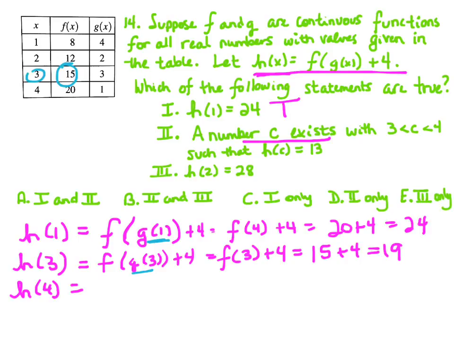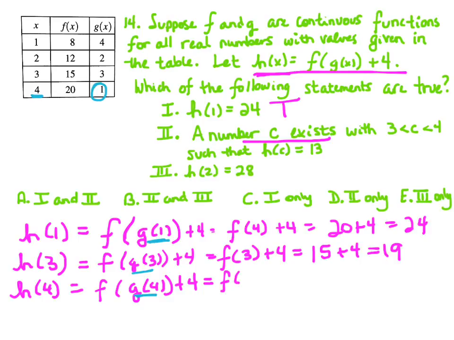All right, now let's do f of 4, I mean, sorry, not f of 4, h of 4. So for h of 4, f of g of 4 plus 4. The first thing I need to do is find g of 4. That's what's on the inside. So I'm going to go look at my table. For g of 4, here's 4. The g value is 1.